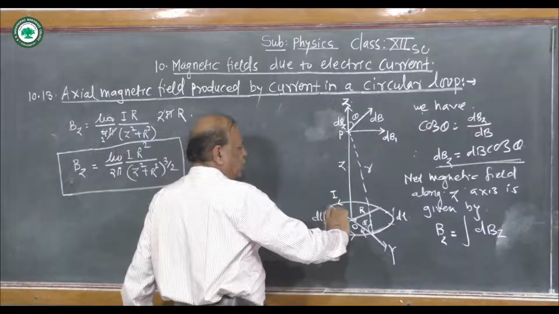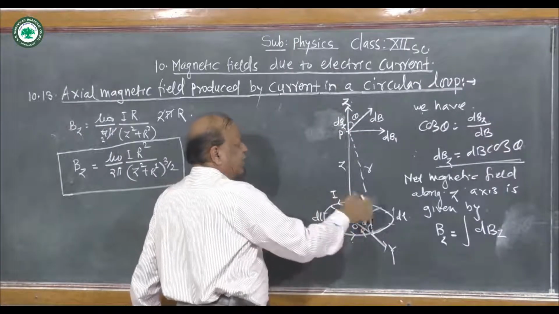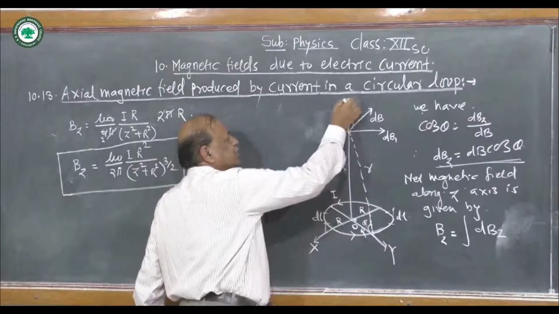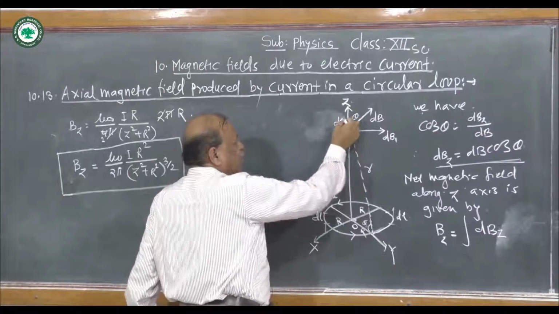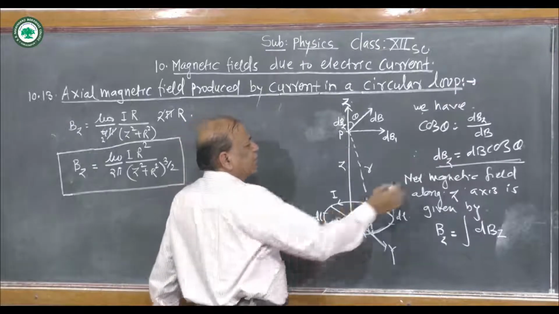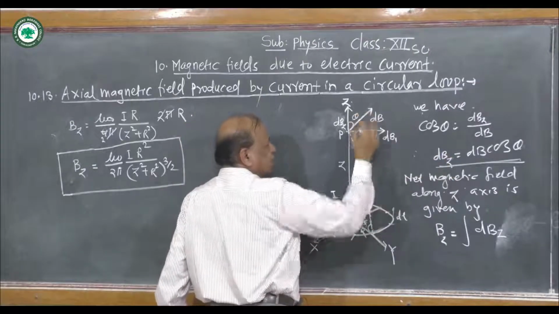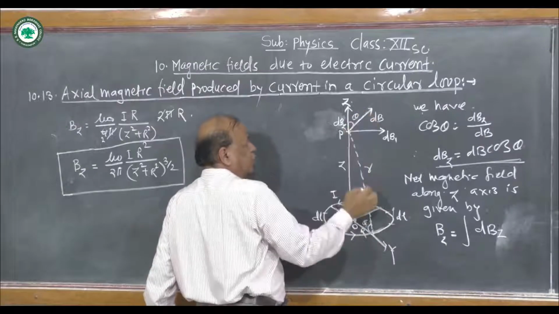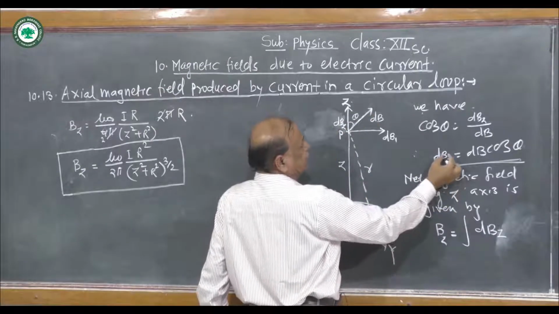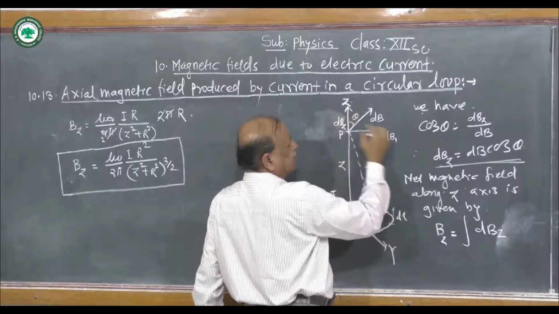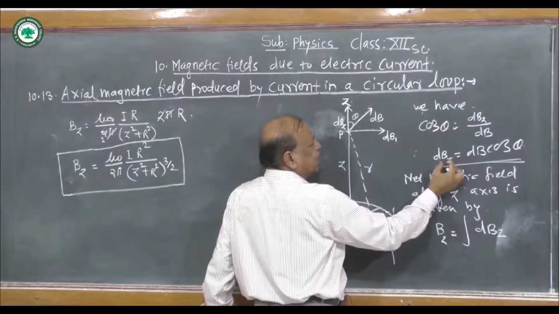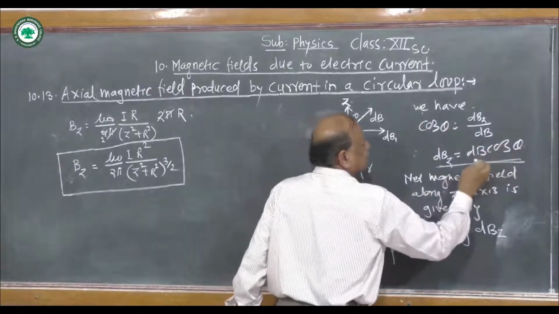There are a number of elements dl producing the magnetic field along this direction, and therefore the net field can be obtained by taking the integration of this equation. This angle is theta, and so to find dBz we take the trigonometric ratio cos theta, that dBz is equal to dB cos theta.